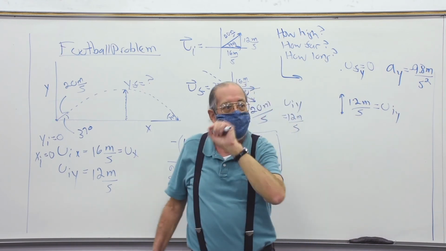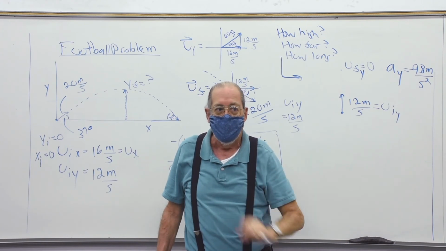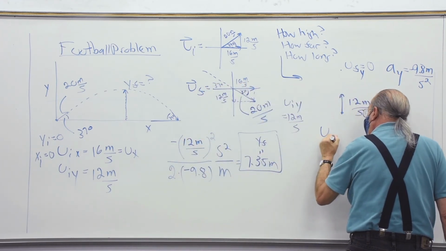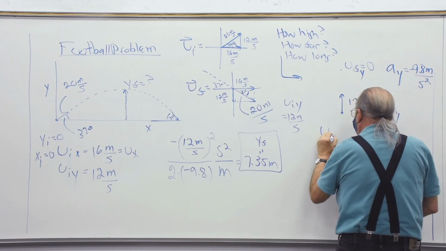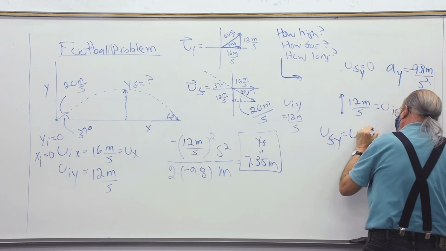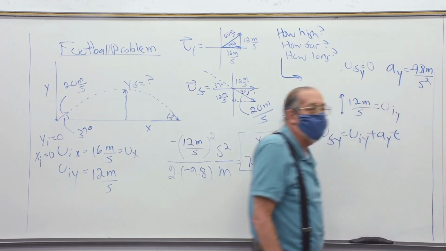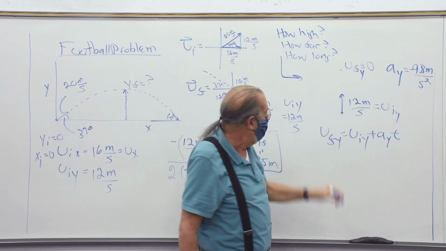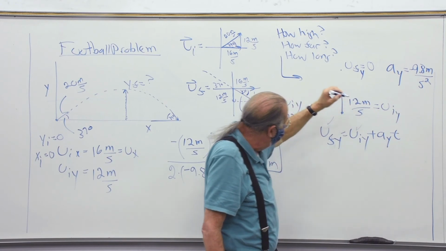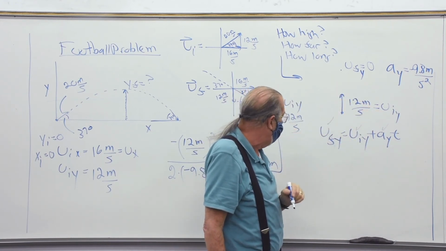Well, if I wrote out those constant acceleration equations, one of them that comes out is v final y is v initial y plus a sub y times the time. I know the final y velocity, the initial y velocity, and the y acceleration, so I can find the time.